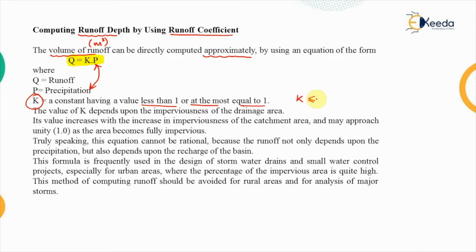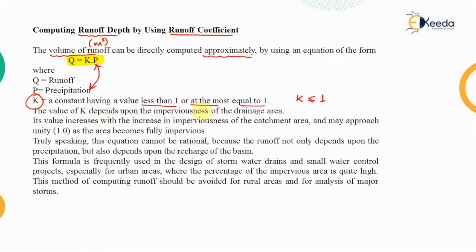So this K value is less than or equal to 1, and that should also be true because only a portion or fraction of the precipitation is contributing towards the runoff. The rest is absorbed by different activities. So that's why this K value should always be less than 1.